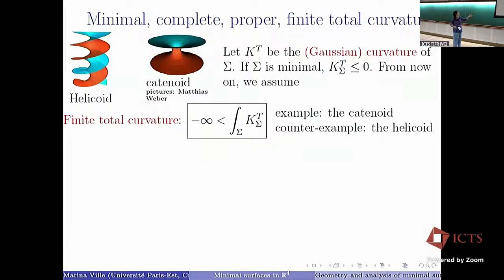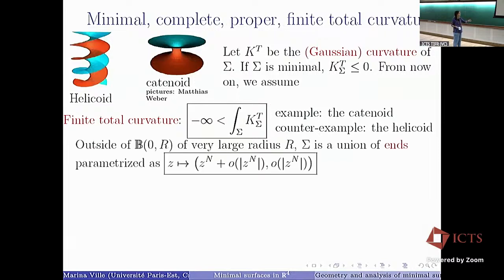This clearly is periodic, so it can't have finite total curvature. And this does. This is the picture we're going to keep in mind, because you see, as you go to infinity, the surface just looks like a plane. And that brings me to the definition of an end. We've seen ends many times during this conference.